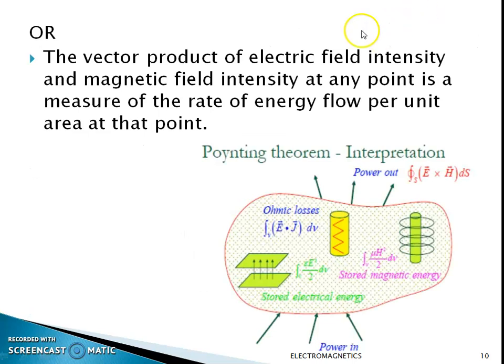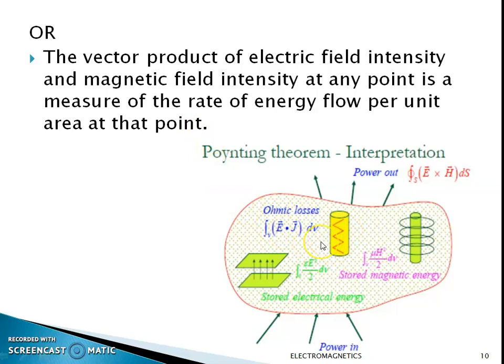We can define the Poynting theorem in another way. The vector product of electric field intensity and magnetic field intensity at any point is a measure of the rate of energy flow per unit area at that point.